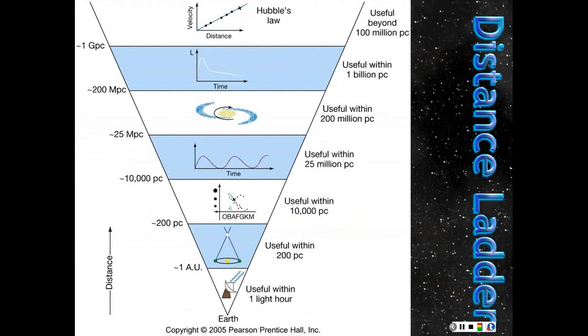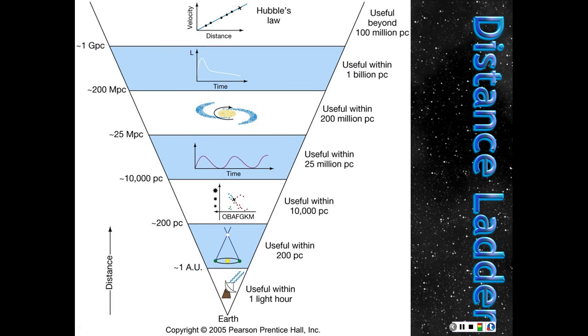Okay, so now we can use radar ranging within the solar system, and then parallax takes us out to our local area within our galaxy. Then we've got main sequence fitting and Cepheids, which take us out a bit further, and then the Tully-Fisher relation and the supernova light curve, which take us out to 1 billion parsecs.